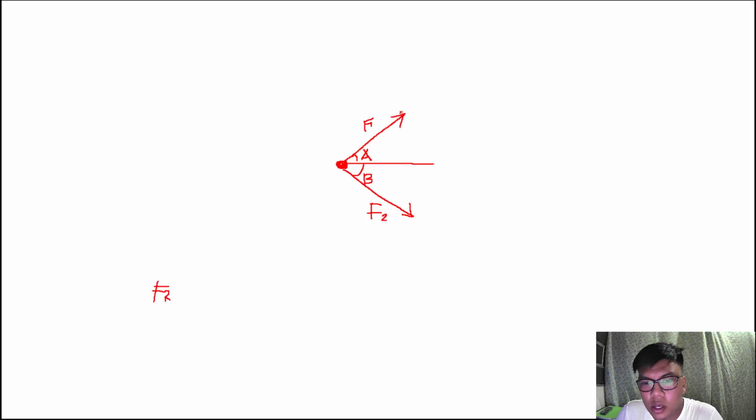So we can break down by components, or we can solve that problem using component method. Pero dito, ang isa sa mahalagang paraan sa pag-solve ng problem is what we call the free body diagram.